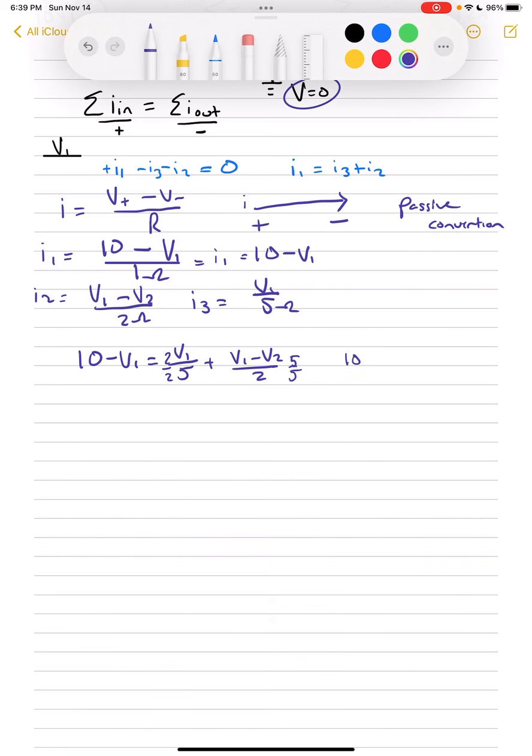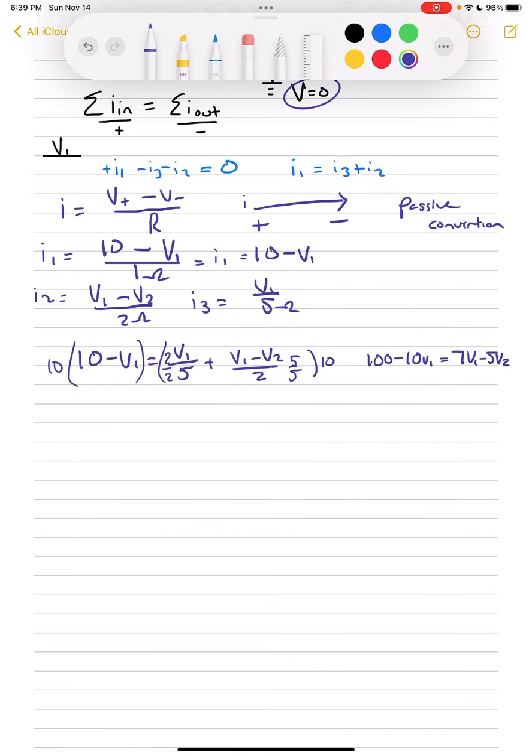10. Okay, and then after we do that, we're just going to multiply this whole thing by 10 and this whole thing by 10. Okay, so what we're going to end up with is 100 minus 10 V1 equal to, after combining some things, 7 V1 minus 5 V2.